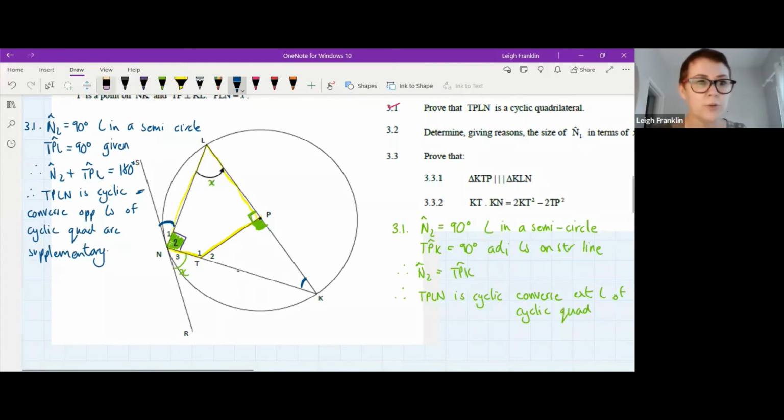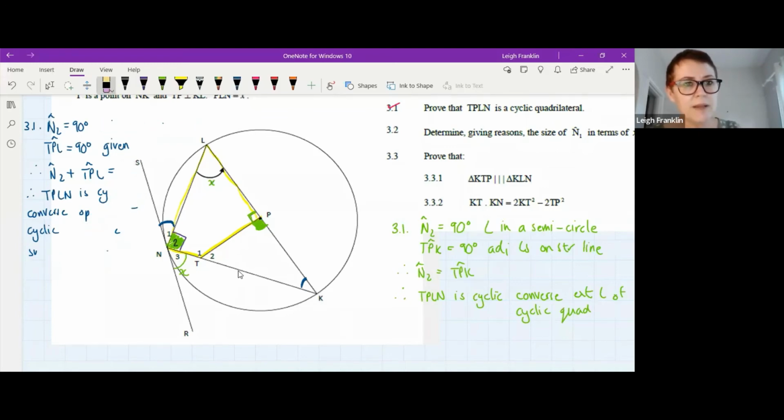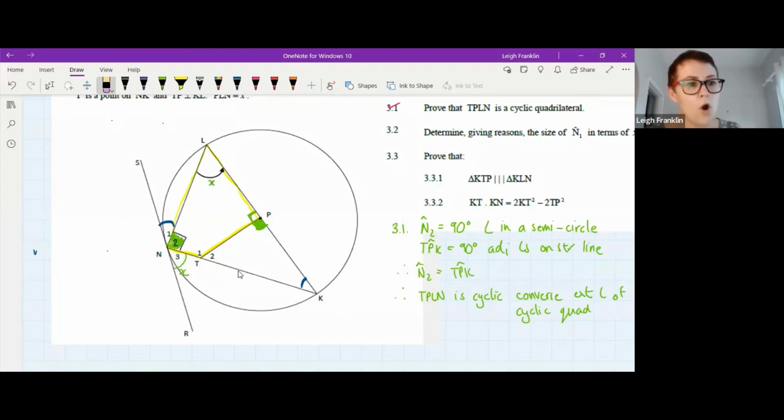Right, so that's how we're going to get our solution in this case. What I'm going to do is rub this out and give myself a little bit of space to write here. Okay, so identify the angle and then ask yourself, what is this angle equal to?